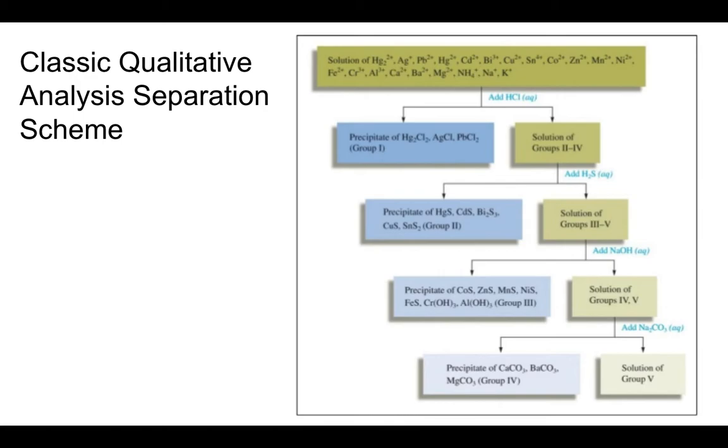Your solution of groups 4 and 5 will then be left in solution, and you'll add sodium carbonate to that, and you will precipitate out the calcium carbonate, the barium carbonate, the magnesium carbonate. Those would be your group 4 ions. And your group 5s, which are your ammonium, your sodium, your potassium, are going to still be soluble.